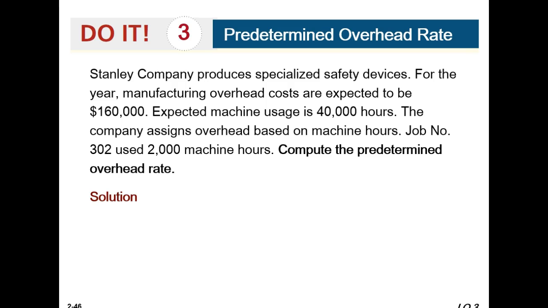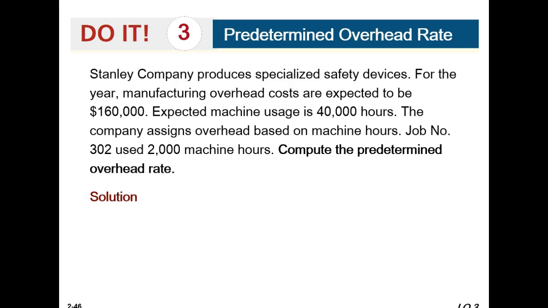Stanley Company produces specialized safety devices. For the year, manufacturing overhead costs are expected to be $160,000. Expected machine usage is 40,000 hours. The company assigns overhead on machine hours. Job number 302 used 2,000 machine hours. Compute the predetermined overhead rate.